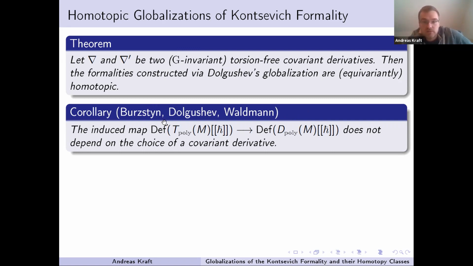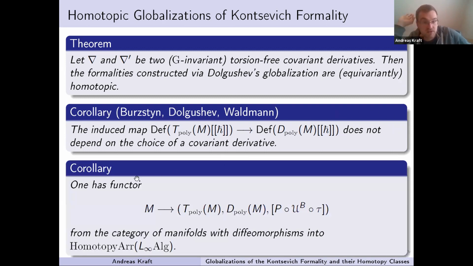Okay, and well, this statement that the map on the deformations does not depend on the covariant derivative was also shown by Pushkin, Dolgushev, Waldman, but they constructed explicitly an equivalence of the star products. And we get it for free because we consider this whole stuff at the level of the formalities, not at the level of Maurer-Cartan elements.